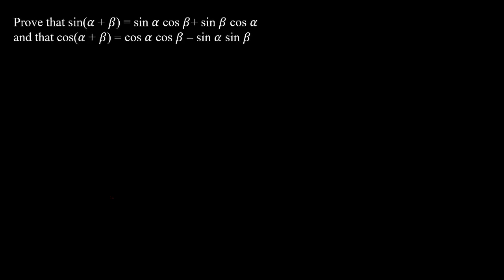Before we get started, the one thing we should take note of is a property that we're going to use a lot today. For a right triangle with an angle of theta and a hypotenuse of r, let's say it has a side called opposite and another side called adjacent.